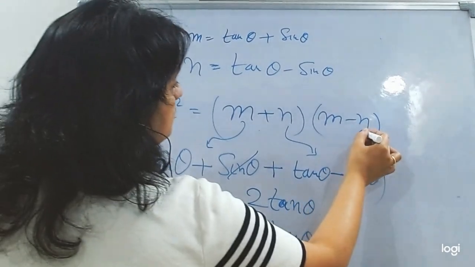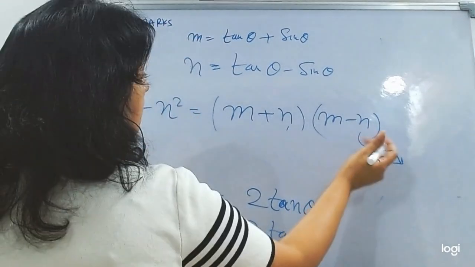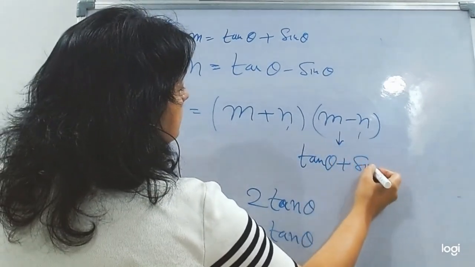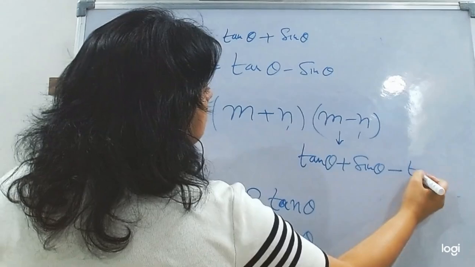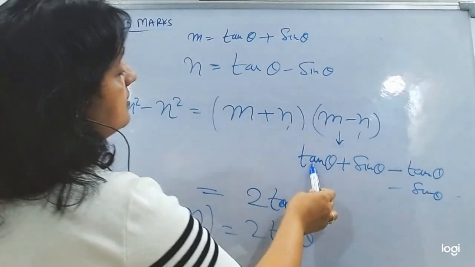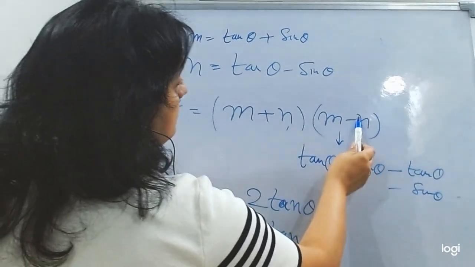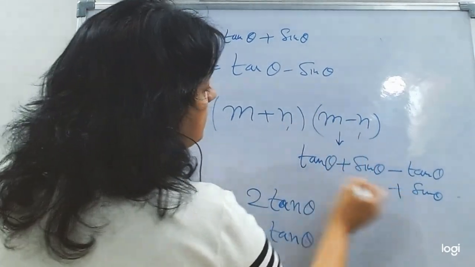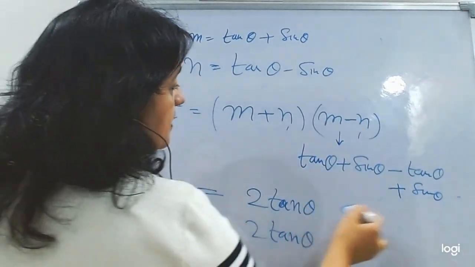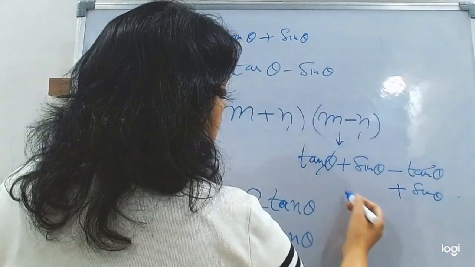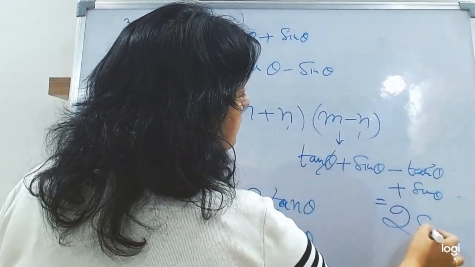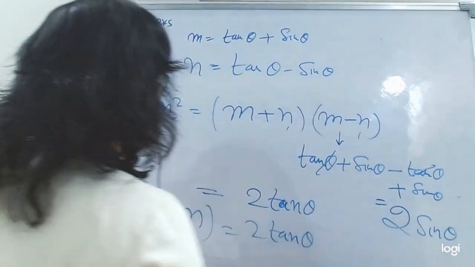Now let's put the values for this bracket. So here it is going to be tan theta plus sin theta minus tan theta minus sin theta. Okay, so tan theta plus sin theta and then minus tan theta plus sin theta because of this negative sign. So this is equal to 2 sin theta.